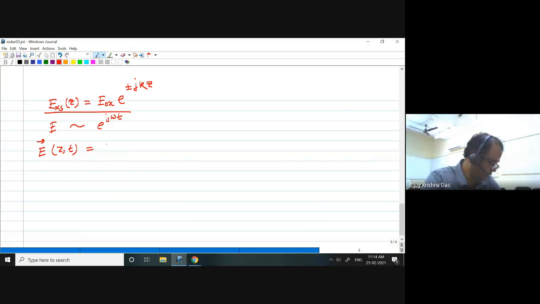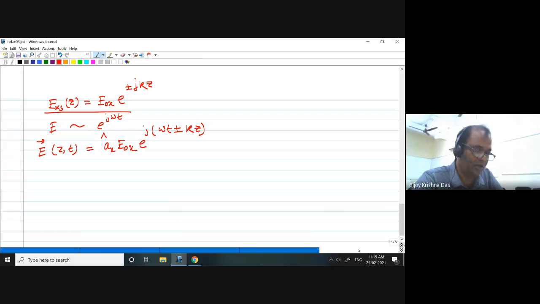That should be something like: X direction unit vector, amplitude X component, and e to the power j omega t plus minus kz.